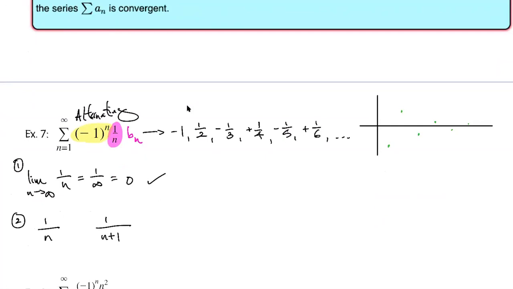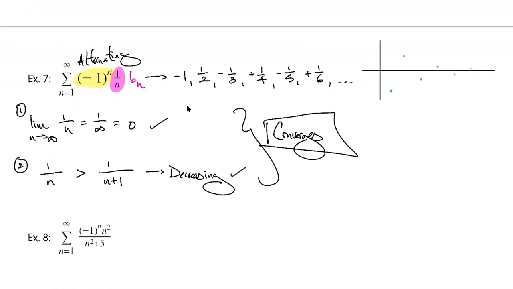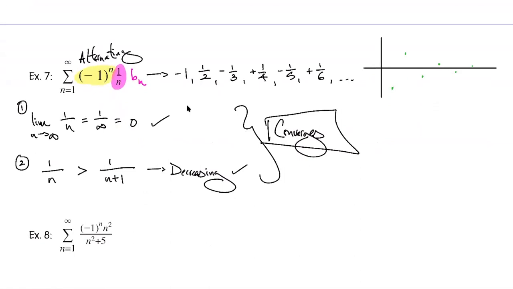I feel very confident that we all can see that 1 over n is larger than 1 over n plus 1, which means that it is decreasing. So as long as both of these are true, then your alternating series converges. Does that make sense?